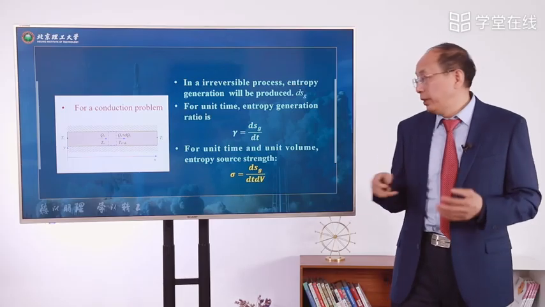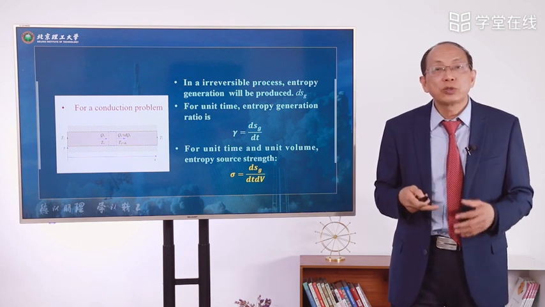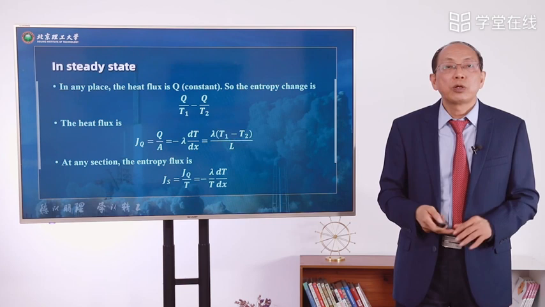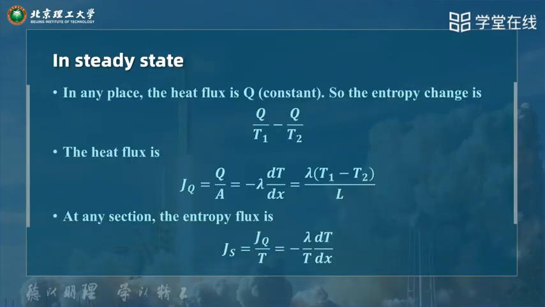This means the entropy source strength. In steady state, at any place, the heat flux Q is constant, because the heat transferred from T1 to T2 is constant.